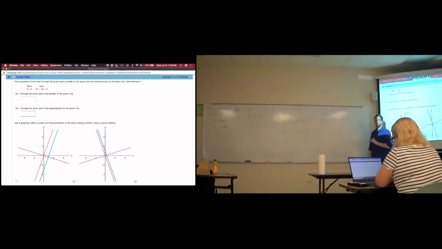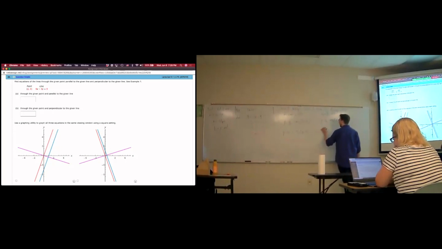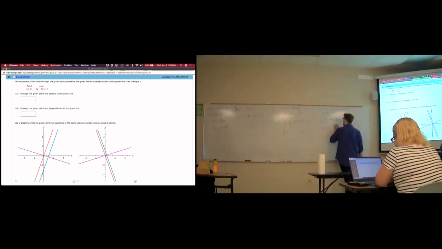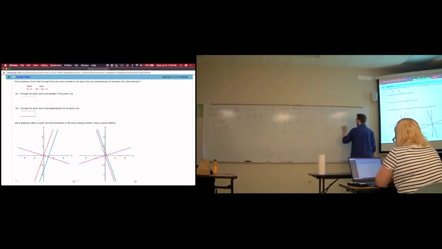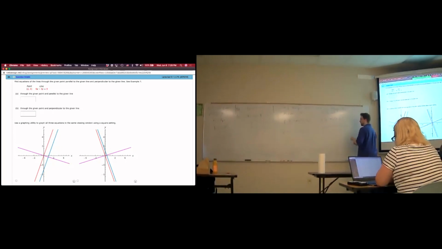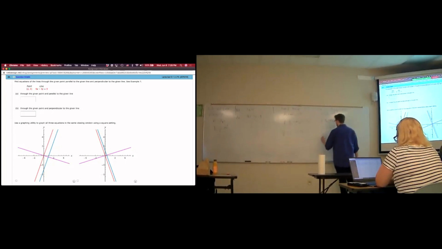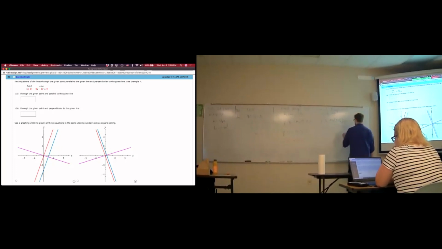Writing that down, we have y minus 0 is equal to negative 1 over 3 times x minus 2. So y is equal to negative 1 over 3 x plus 2 over 3.